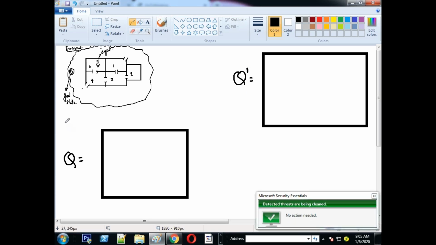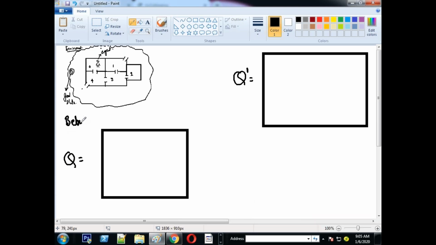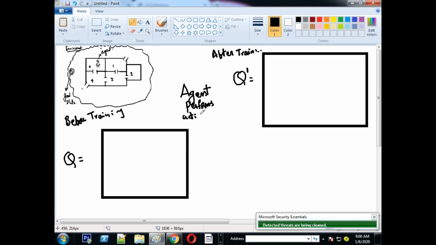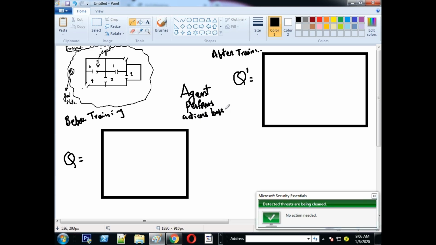What is this Q? The agent performs actions, don't write please, based on Q dash.